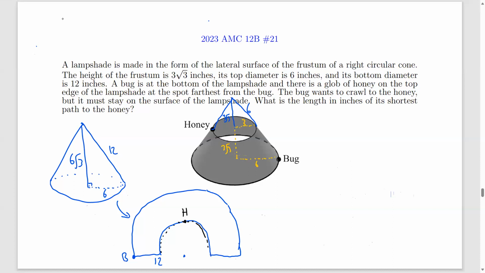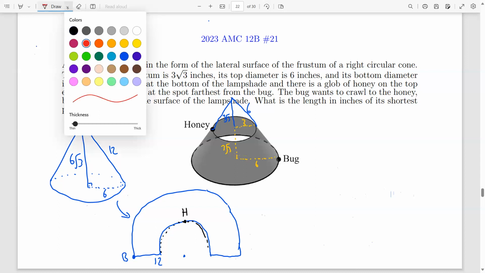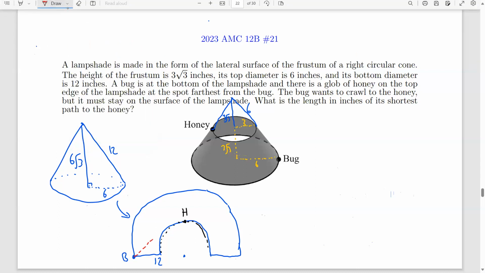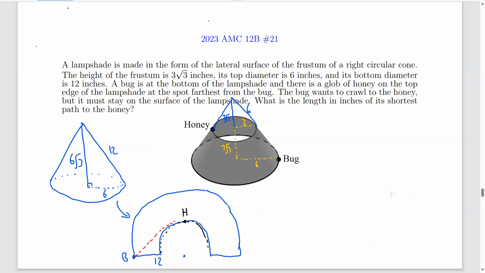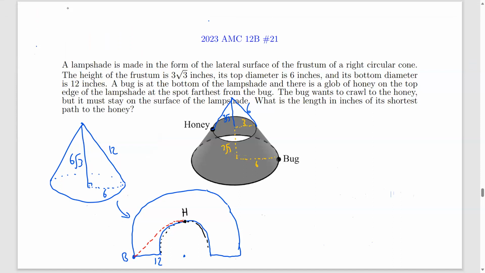So now the problem reduces to finding the length of the shortest path from B to H, which is going to be this path drawn in red. So you can think of it like stretching a rubber band whose two endpoints are B and H. You will see that this path is going to be straight and then tangent to the circle.